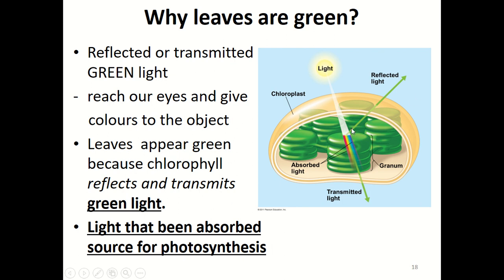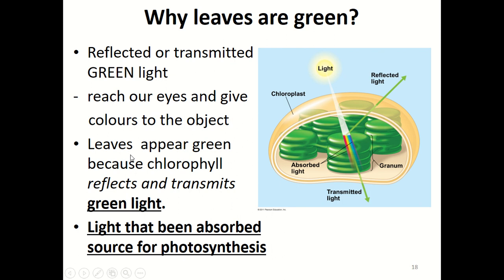They only reflect green color, so they do absorb different colors of the rainbow. However, the ones that are transmitted and reflected that are visible to our eyes are the green color.